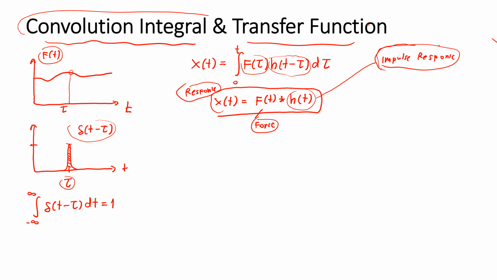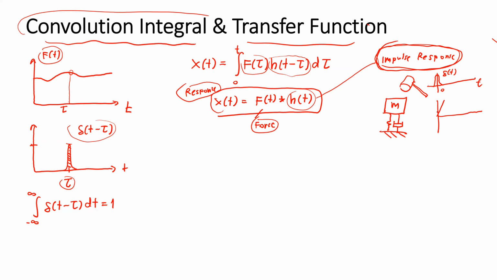Impulse response is a system property. Impulse response is a system property means if a system has mass, has spring, and has a damper, and we hit the system with a hammer, and the force is just applied as a unit impulse, Dirac delta, when time equals 0, the system gonna vibrate.